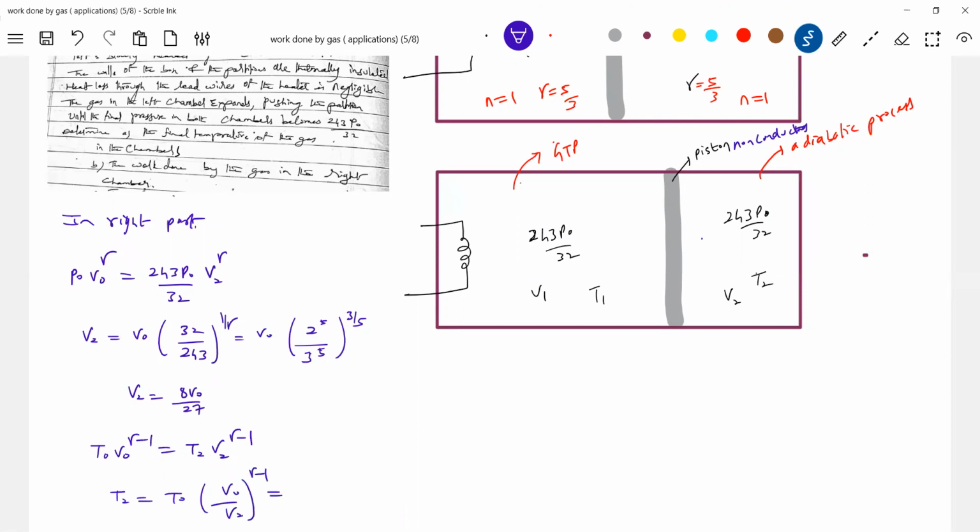Anybody? T2? Adiabatic process, no? Anybody, the value?